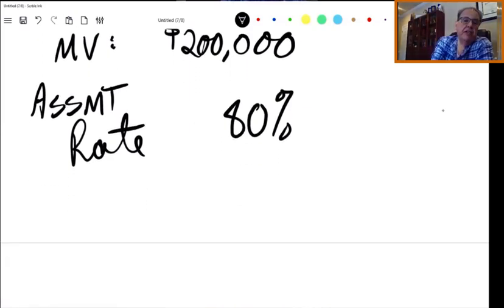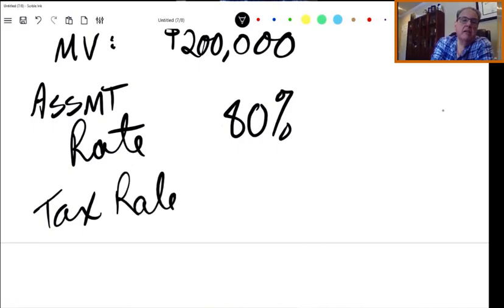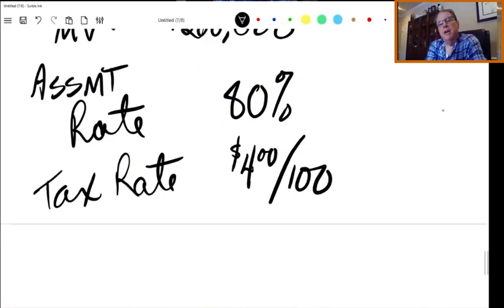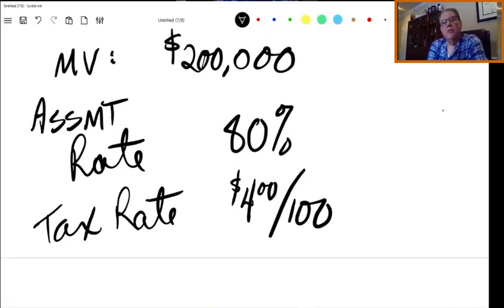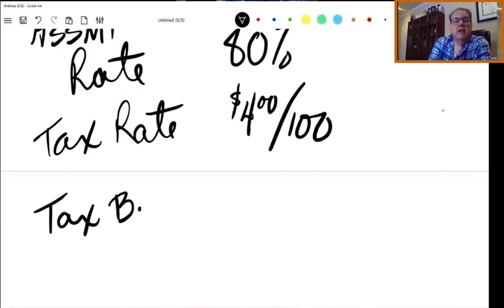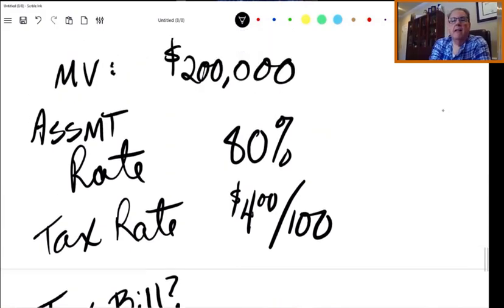And if the tax rate is, eeny, meeny, miny, mo, let's say $4 per 100. I totally just made that up as well. The question is, what is the ad valorem real estate tax bill for this tax year?